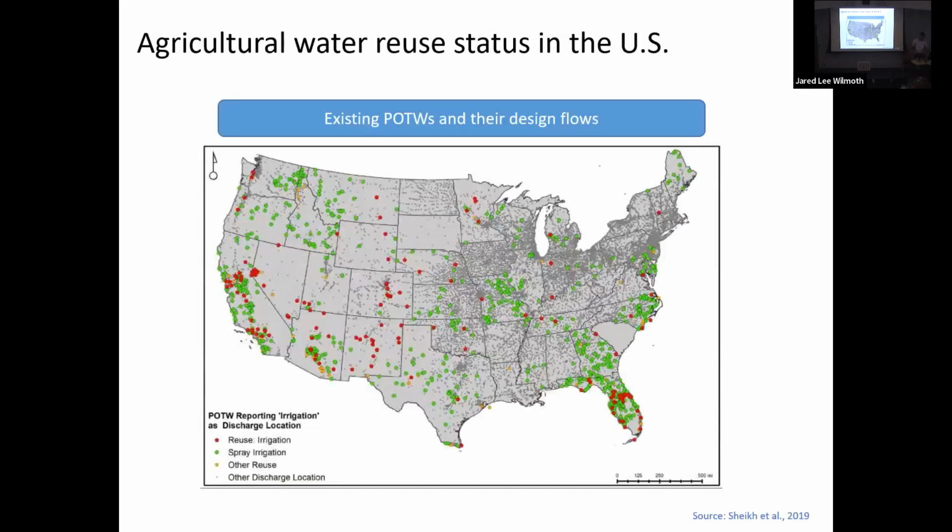So these are the locations of all the publicly owned or major treatment plants in the US. And different colors are showing different discharge types. The red one is reuse for irrigation. The green ones are spray irrigation, and then the rest are other reuse practices.